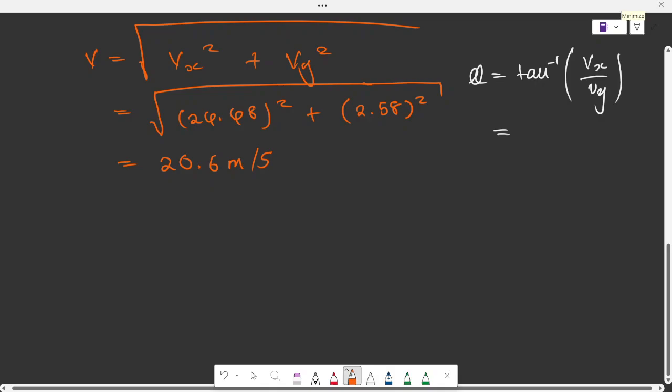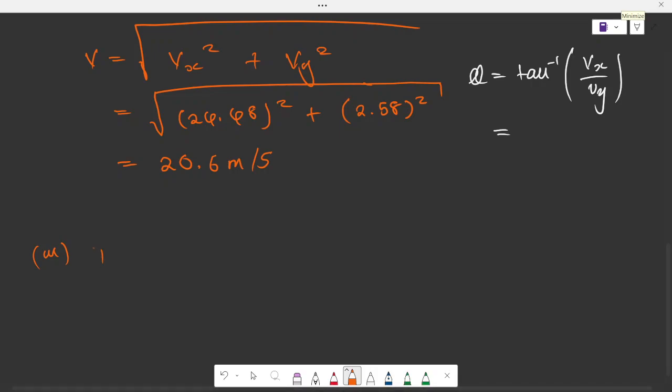So we are solving the last part. In simple terms, the flight time, which is t, will be equal to 2 times the initial velocity in the y, divided by g.